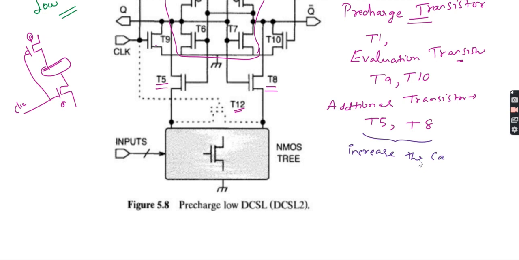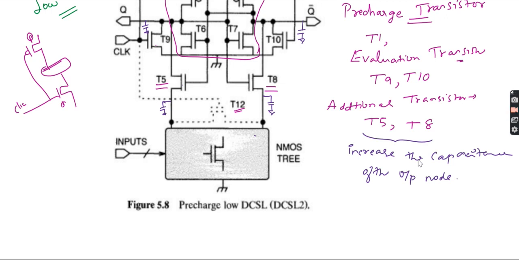You can see what is connected there: we have the output capacitance here, and internal capacitance here also, then at Q and here as well. Here we have the NMOS tree structure.